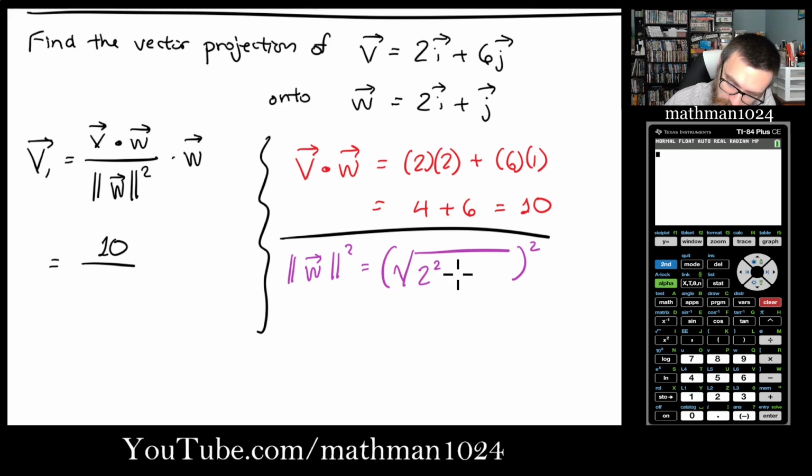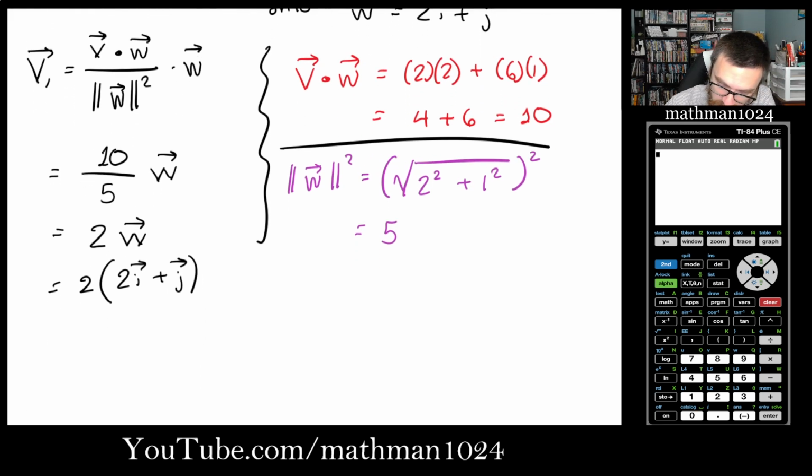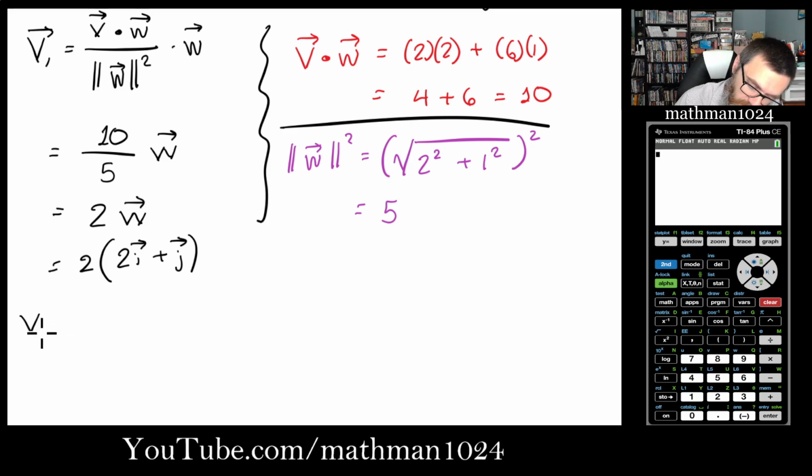So that's 2 squared plus 1 squared, which is 4 plus 1 is 5. Square root of 5 squared is just 5. So this is all divided by 5 times vector w. Cleaning that up, that's 2 times vector w, which is 2 times 2i plus j. So v1 is going to be 4i plus 2j.